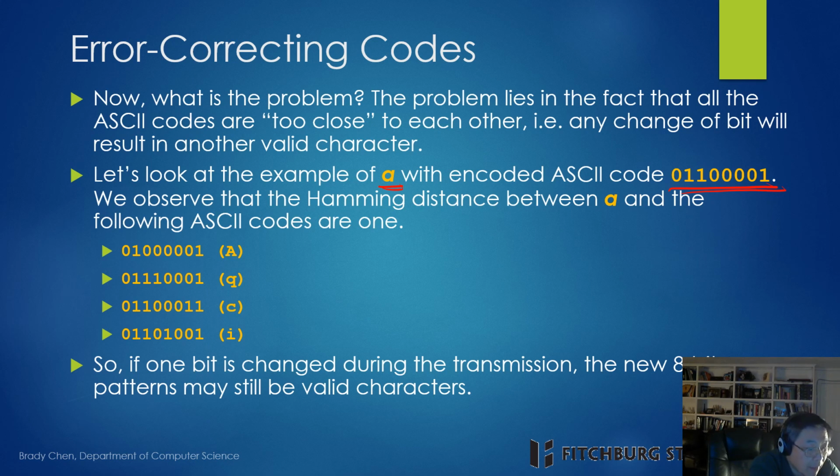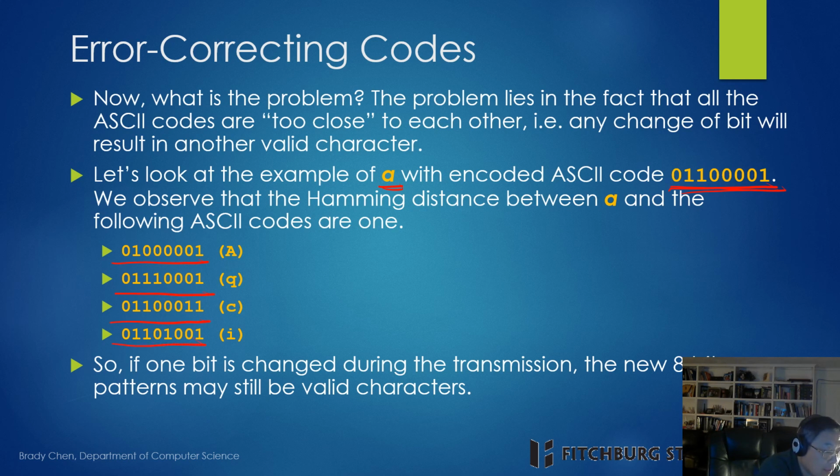Then we can check all the ASCII codes that have Hamming distance 1 from that character a. This is one ASCII code that has a Hamming distance 1 to a. And this is another one. This is another one. And this is another one.